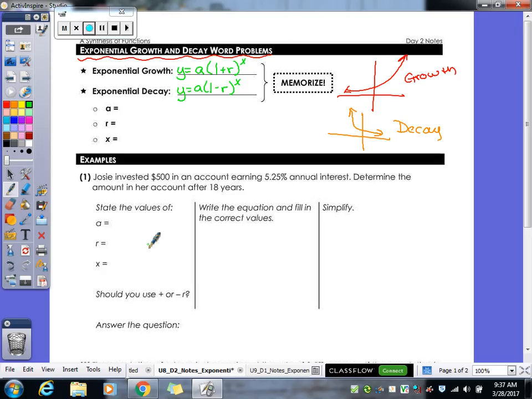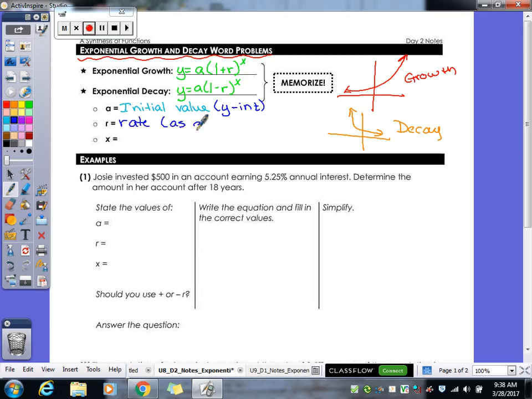So what these all stand for: A is your initial value. So that's what we start with. If we were graphing it, where is our initial value on a graph? It's where you start, also known as our y-intercept. So your A is also your y-intercept if we were graphing. R is your rate.